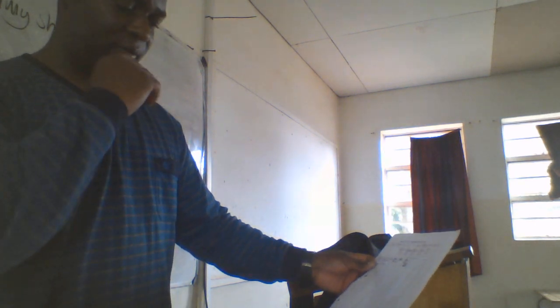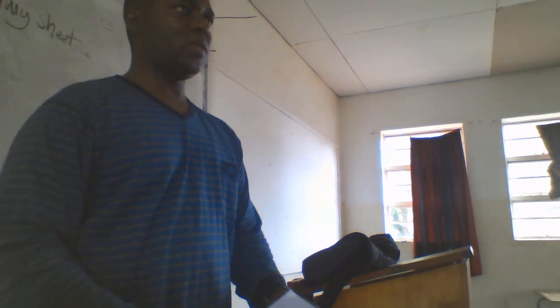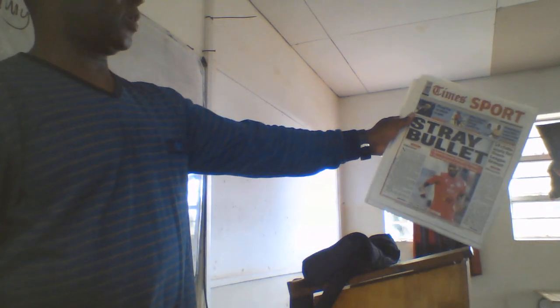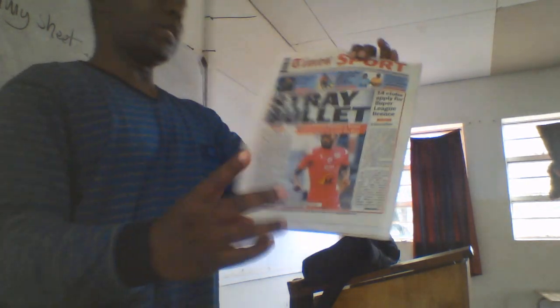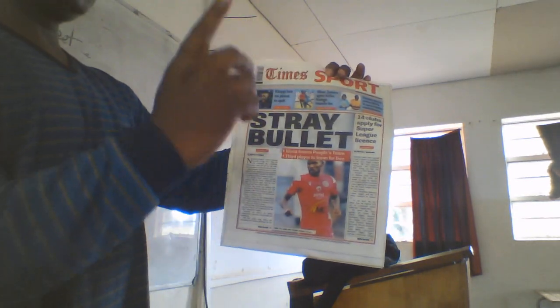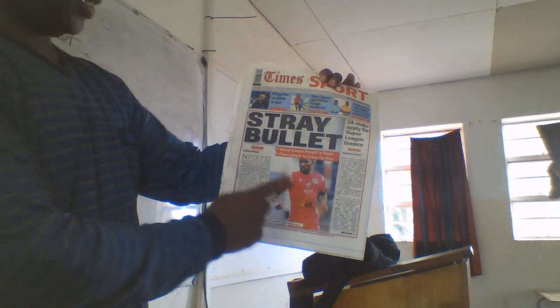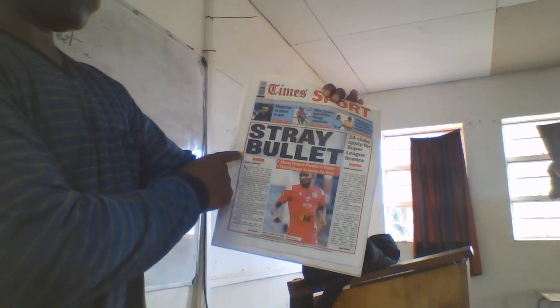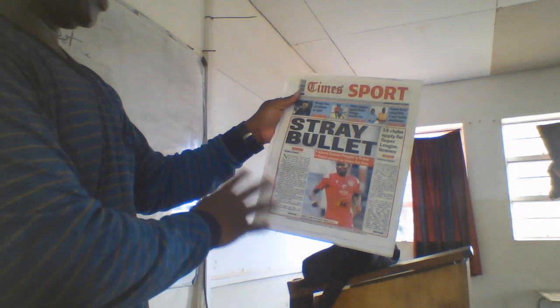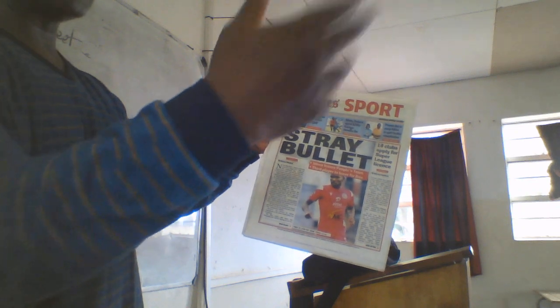So as I told you, you might have a page like a newspaper page. Let me give an example like this one. You see? Have you seen this page? Now you are the one who decides which story should go where.